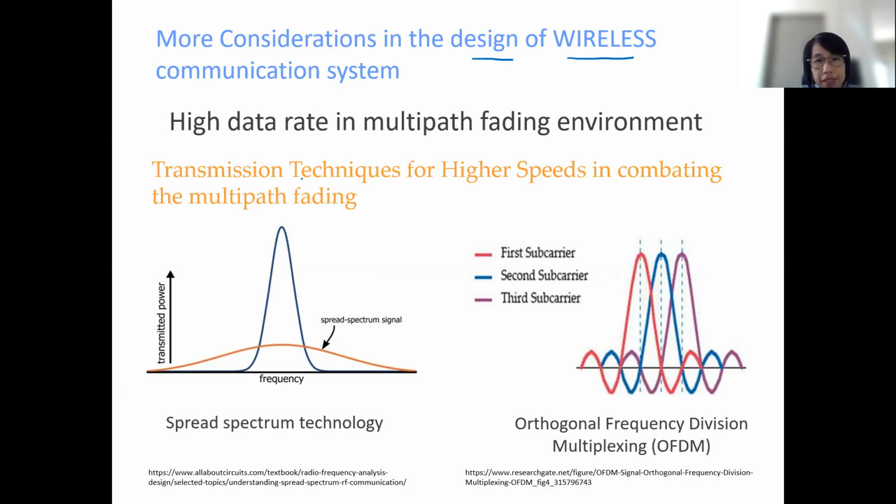Most of the applications, this may not be true for IoT, but it's true for data broadband or even cellular communication.